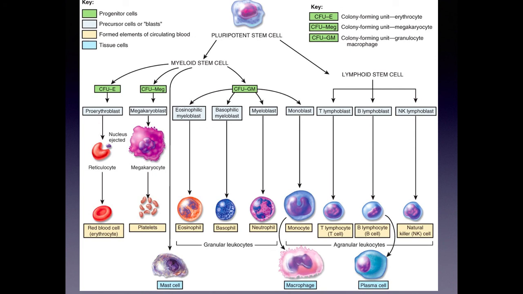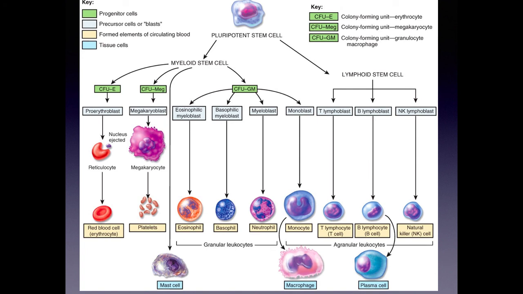For the purposes of this course, keep in mind that this process of hematopoiesis plays out in red bone marrow. It starts with that pluripotent stem cell, an undifferentiated cell. Due to the effects of various hormones and also growth factors, that pluripotent stem cell is going to be driven toward becoming either a lymphoid or a myeloid stem cell.